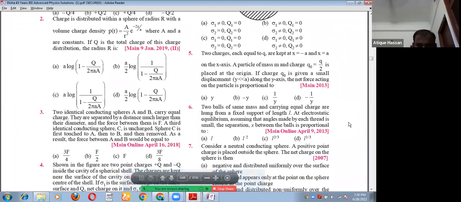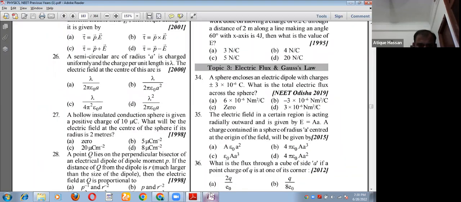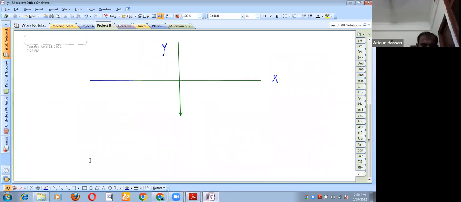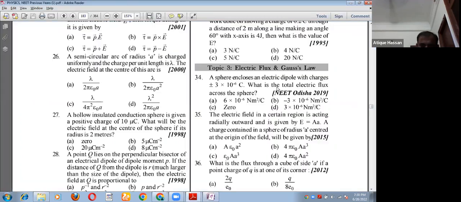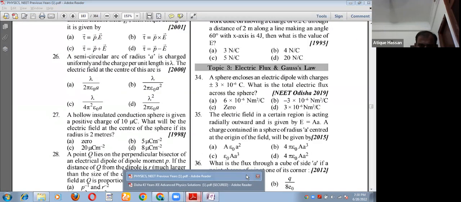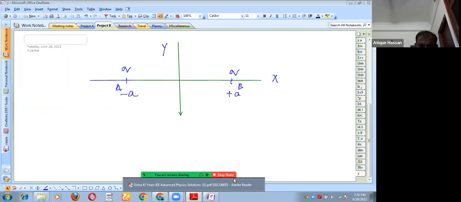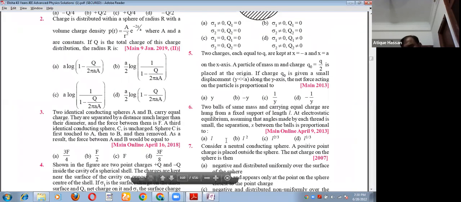So minus A and plus A. Suppose we have this as minus A and this as plus A, and there are two charges Q. Suppose this point is A, this point is B. Now the question says two charges are placed at minus A and plus A on the x-axis.